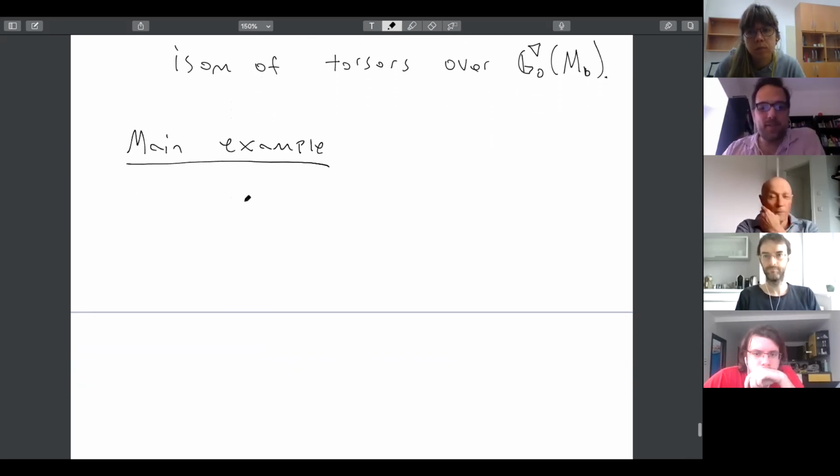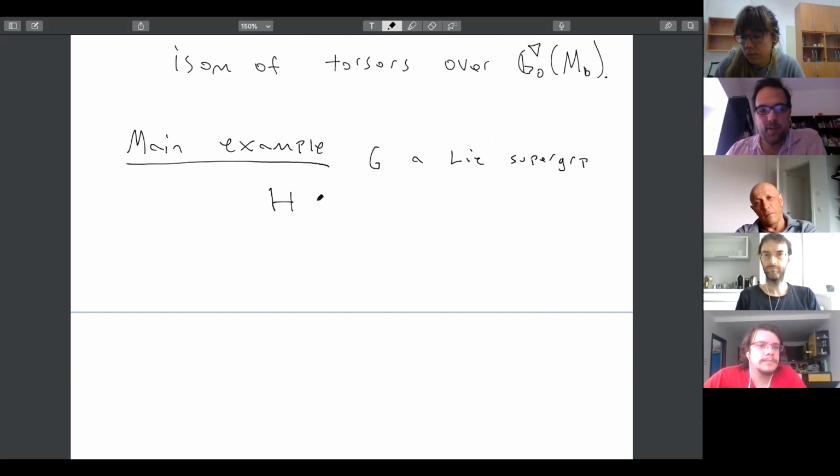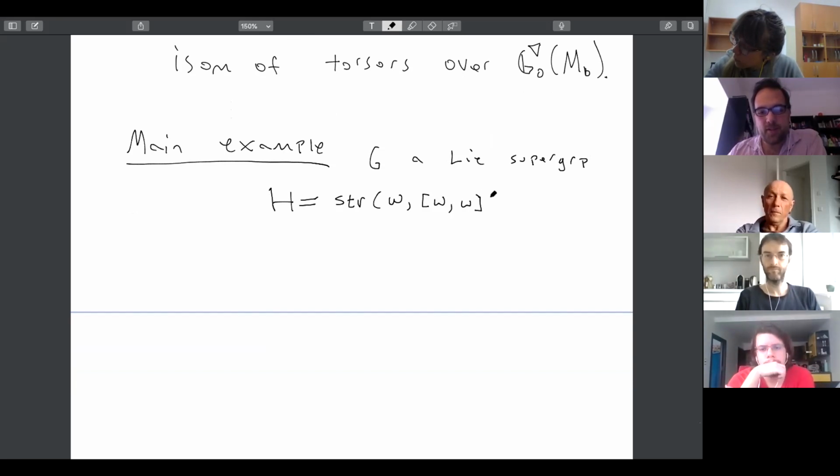The main example is that, for G a Lie supergroup, one can build a closed three-form very analogously to how one does it for ordinary Lie groups. You take the supertrace of this expression in terms of the Maurer-Cartan form.